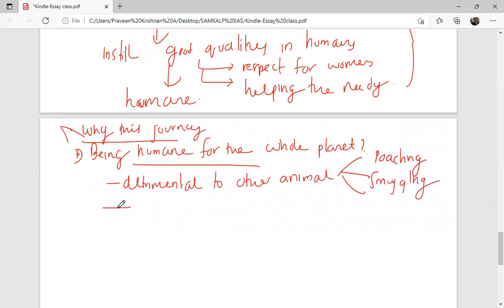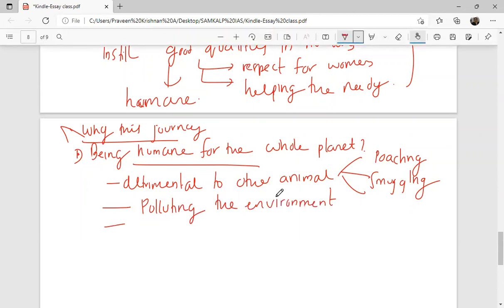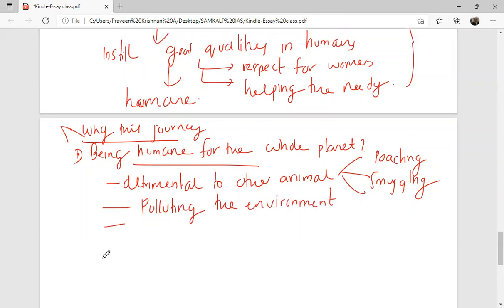Again, another point under the same heading, polluting the environment. And things like that. So now we have understood that I first came up with a theme, and again under the theme, I have tried to expand it into different perspectives.